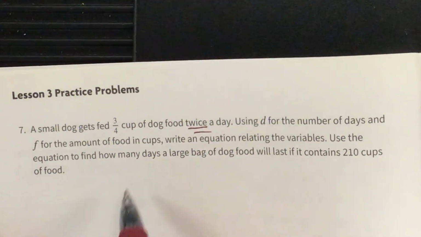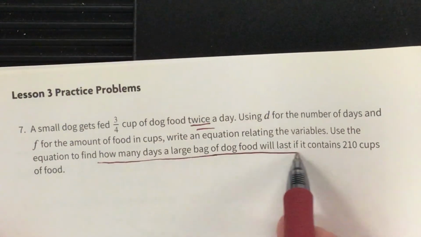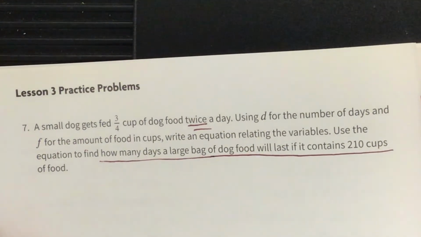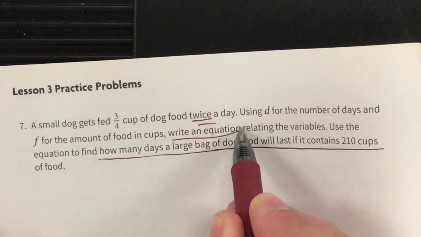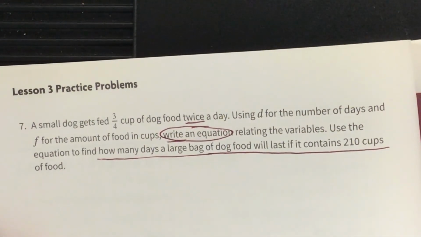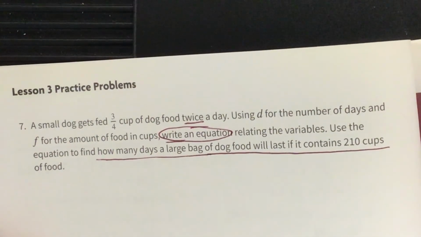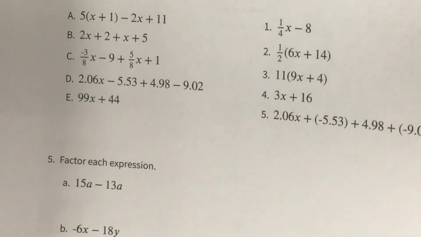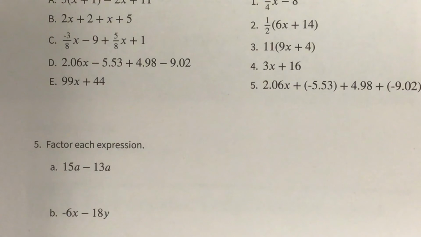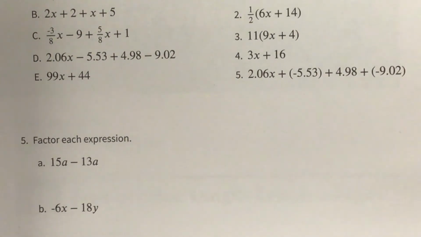How many days will the large dog food last if it has 210 cups in it? Again, you're going to write an equation for that one, and then solve. So 7 questions, a little over 15 minutes to work today. So lesson 3 will be due tomorrow.